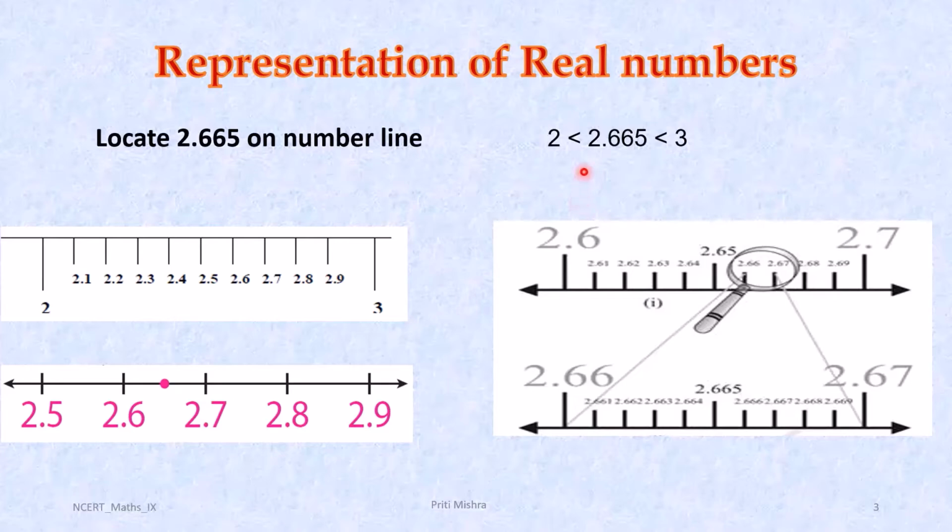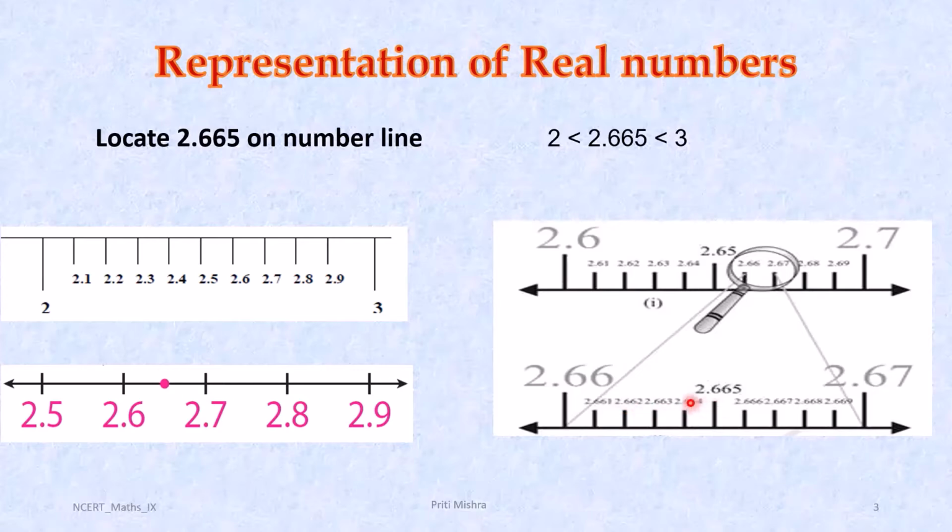As we need to find out 2.665, we need to magnify the numbers in between 2.66 and 2.67. In this portion, again, we are going to find the various numbers. In between 2.66 and 2.67, we can have 2.661, 2.662.